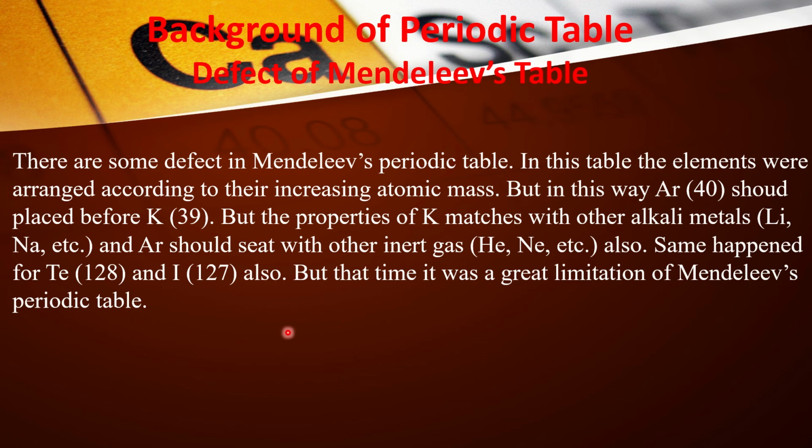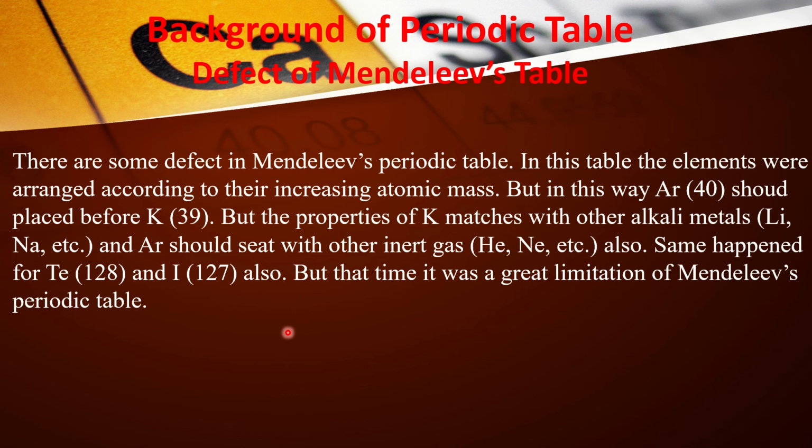If this happened, then the beauty of the periodic table would be hampered. The properties of the same group would not be similar, because the properties of potassium would not match with other inert gases and the properties of argon would not match with lithium, sodium, other alkali metals.